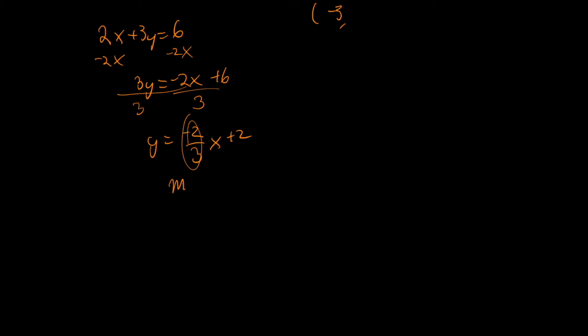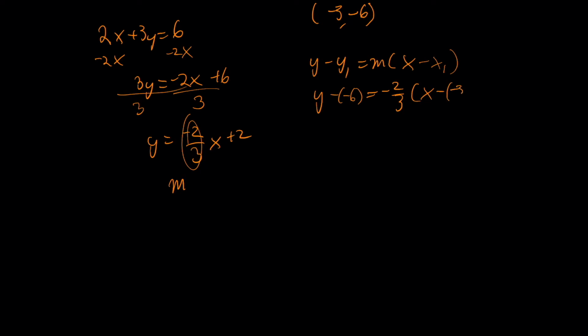I had a point, negative 3, negative 6. So I can go ahead and set up my point slope form. That gives me y minus a negative 6 equals negative 2/3 times x minus a negative 3. So y plus 6 equals negative 2/3 times x plus 3.